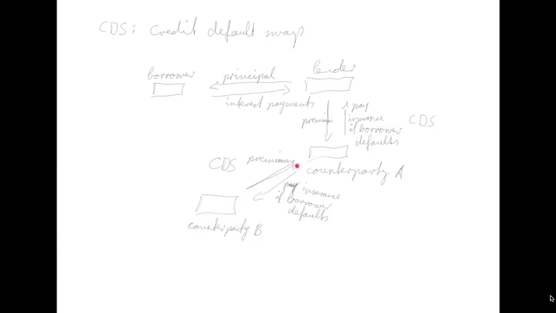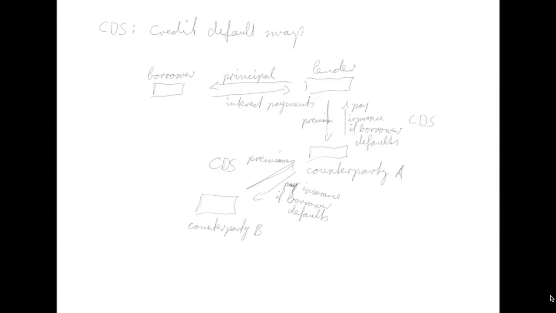Again, these empty creditors pay a premium, and then again, counterparty A pays the insurance payoff if the borrower over here defaults. Again, the idea, why are these empty creditors counterparty B? Well, because they don't actually lose anything if the borrower defaults. Okay, so they just basically bet on that borrower to default.